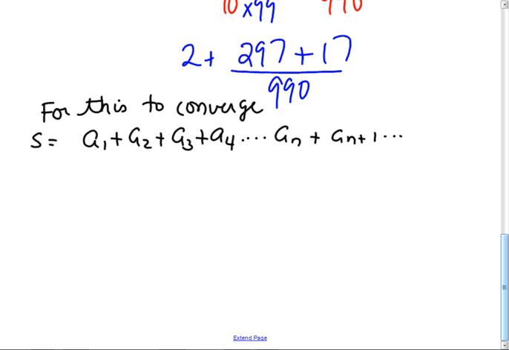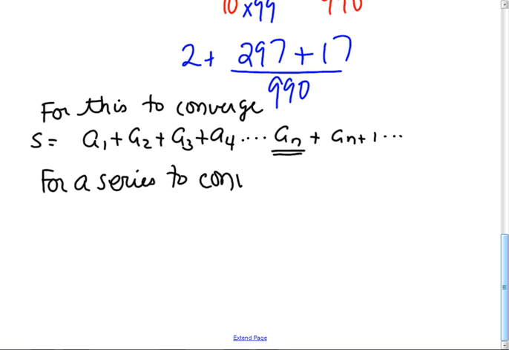It's got to be what value? You're right. It has to be 0. Because if this term you keep adding up here is not 0, what's going to happen to your series? It's going to grow.